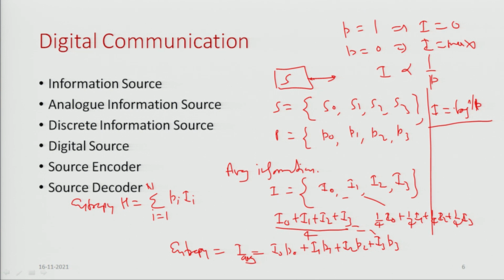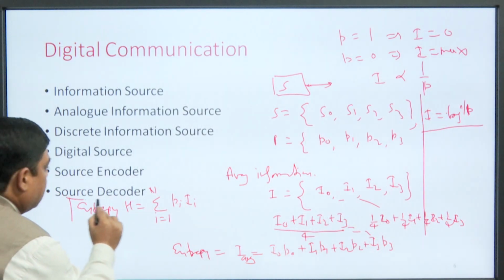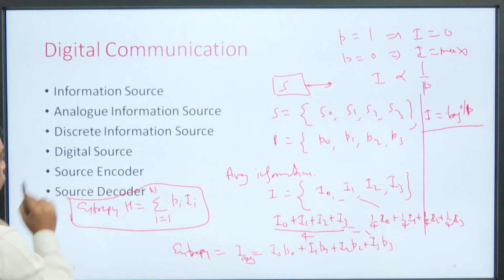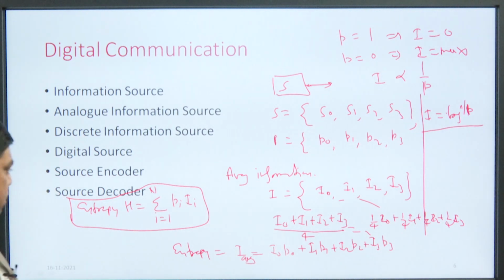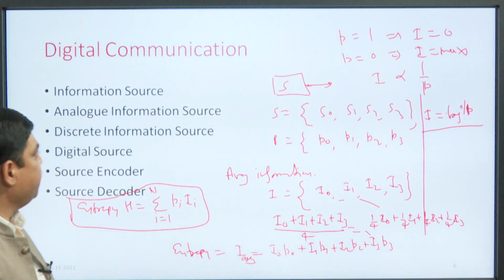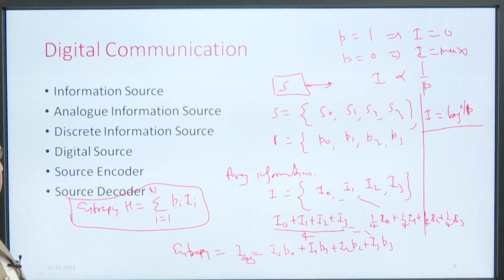Average information or entropy can be calculated by this method. This method will be used to calculate the entropy, or the average information, of the source.